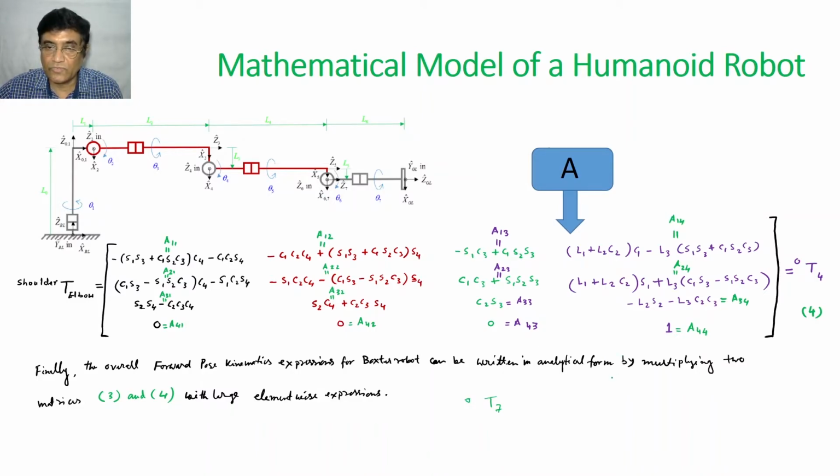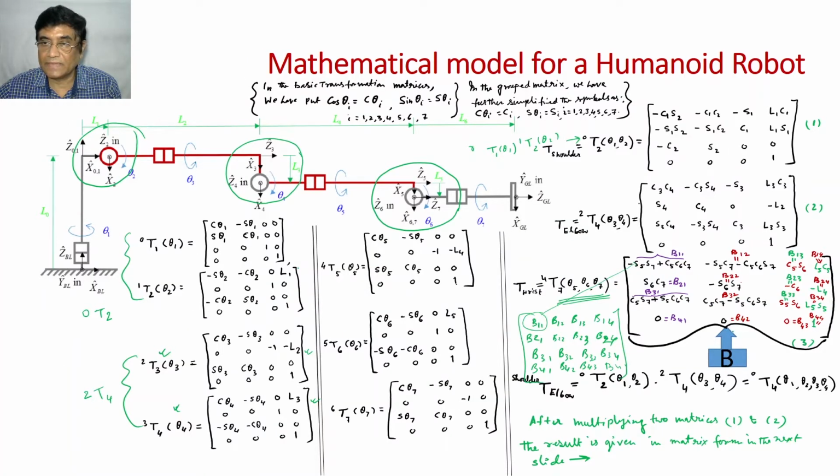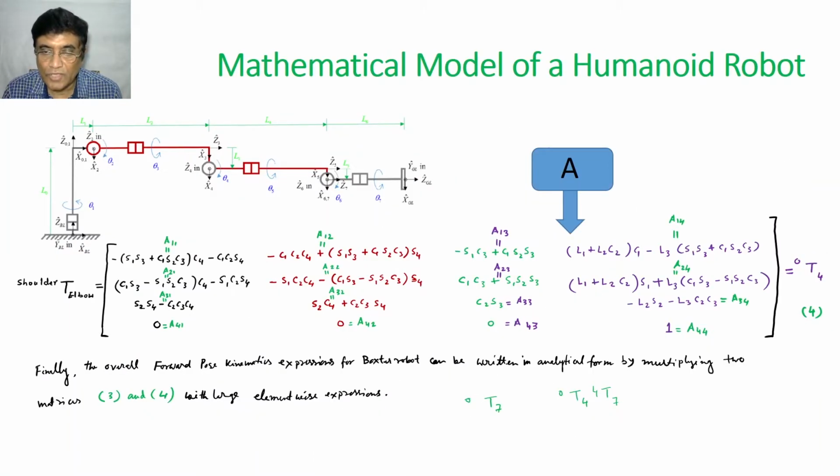So in doing so, we will have to do this. Clear? And you can imagine multiplying this matrix by this matrix is really cumbersome. We won't do that, and you will perhaps not do that either.